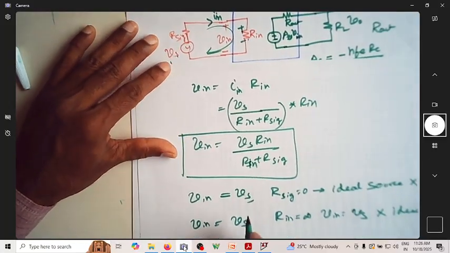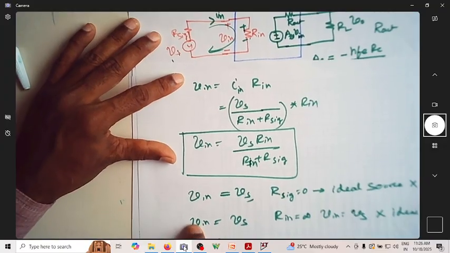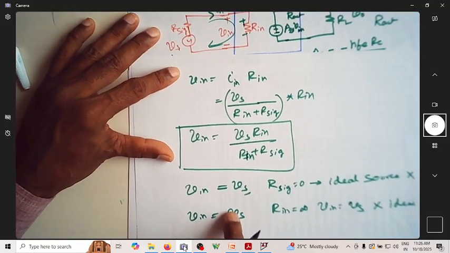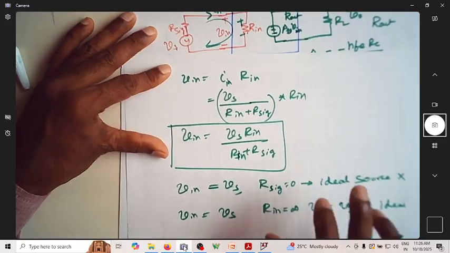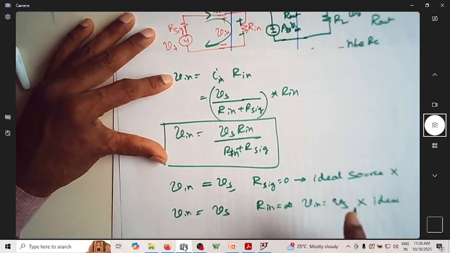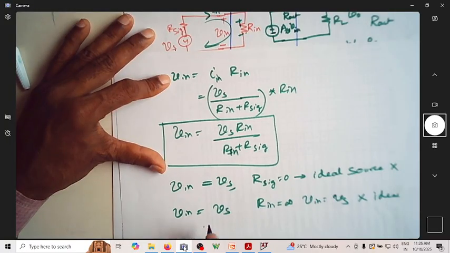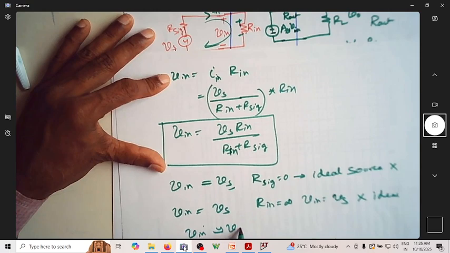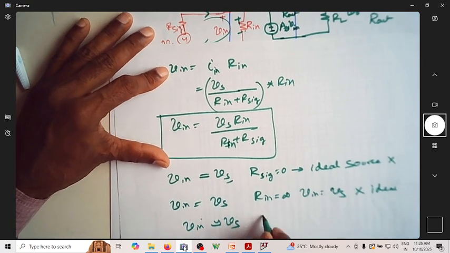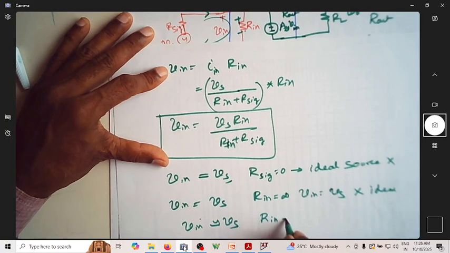So now Vin cannot be equal to Vs. If it is equal, it is only an ideal condition. So what should be the value of Rin so that we get Vin almost equal to Vs? That is possible when Rin is large enough.